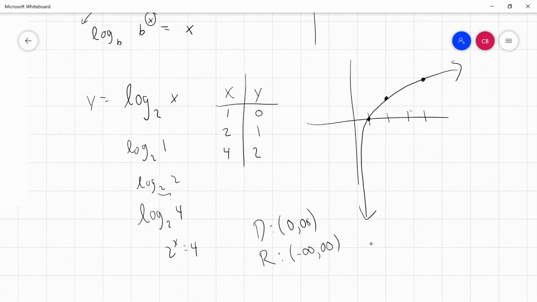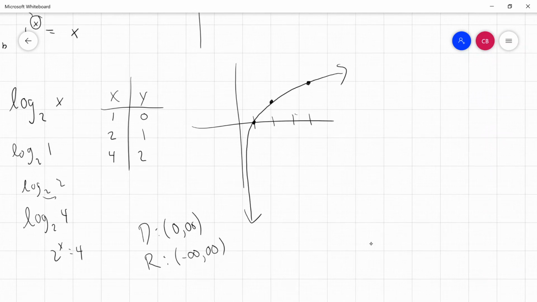Okay. Now, why does it work this way? So remember, if I do y equals 2 to the x, we said the domain is from negative infinity to infinity, and the range is from 0 to infinity. Okay.